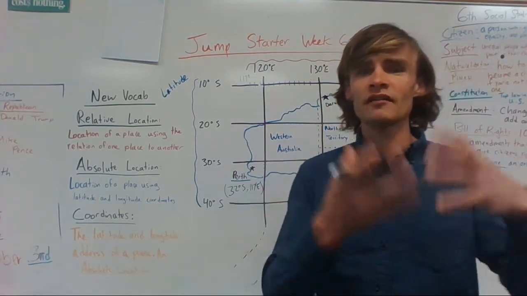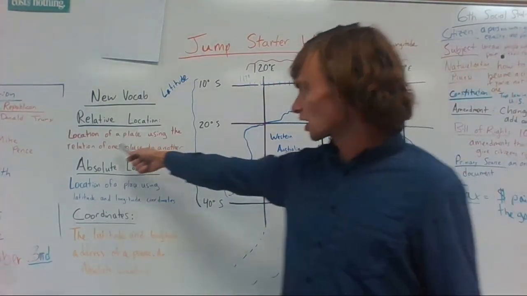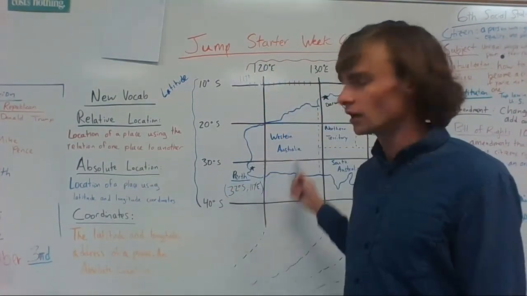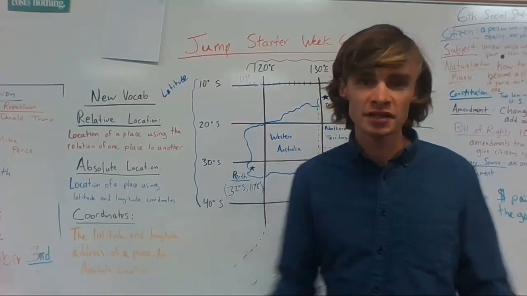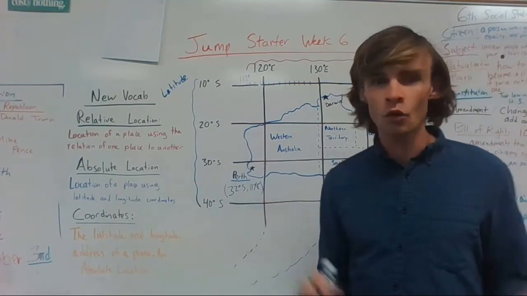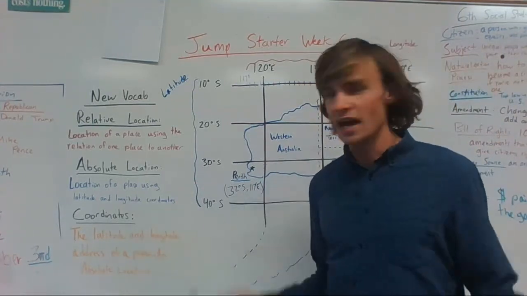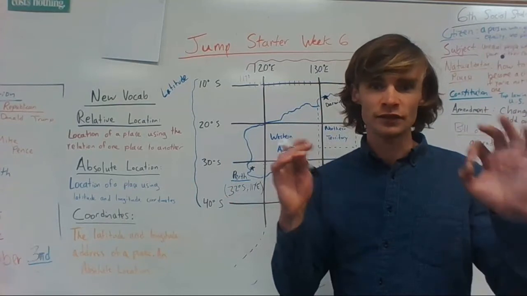And so I could give you a relative location using another place to give you the relative spot where it is. Absolute location would be the coordinates or the address of a place specifically.